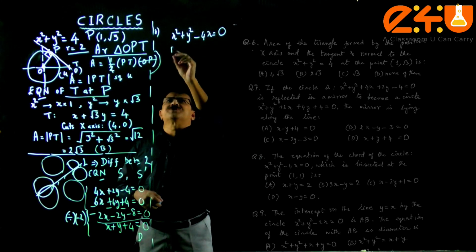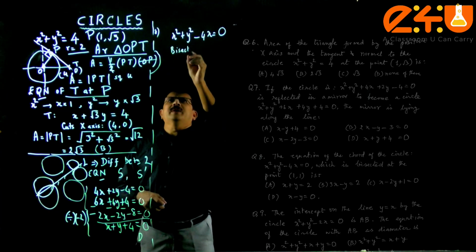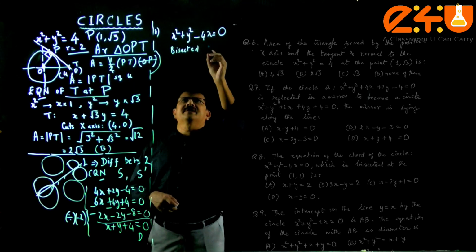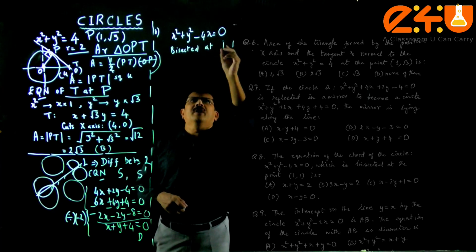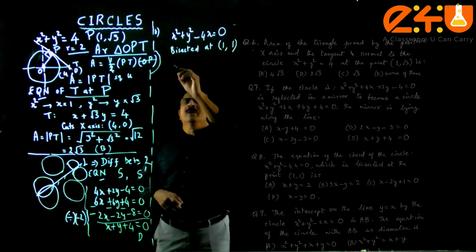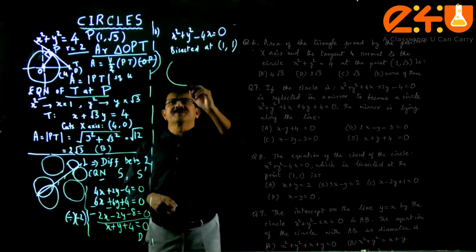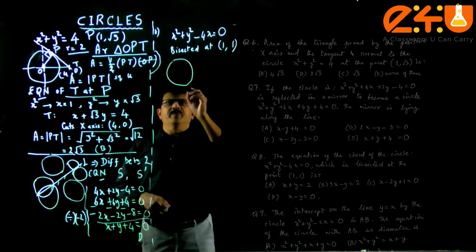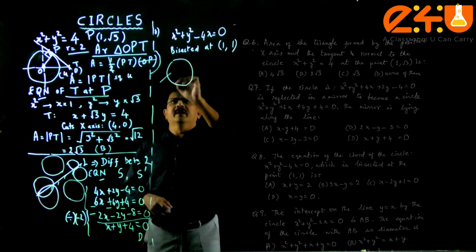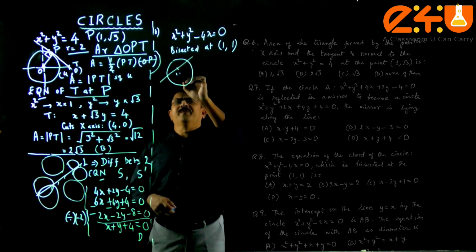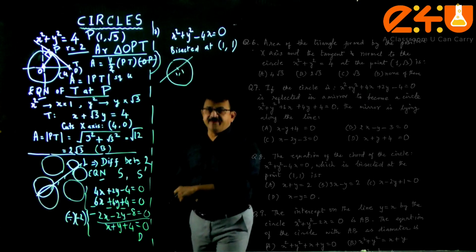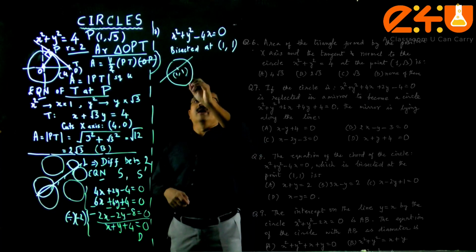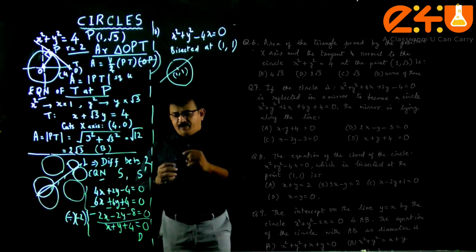So there is a chord, and it is bisected at 1, 1. I am just representing the picture. This is not the actual accurate picture.